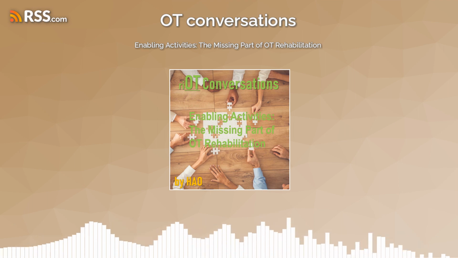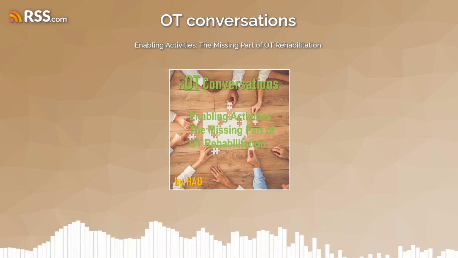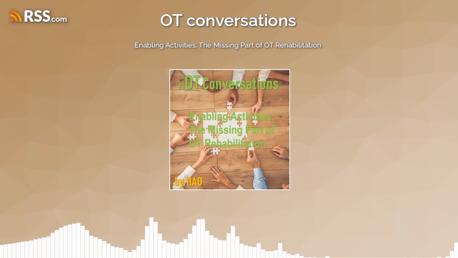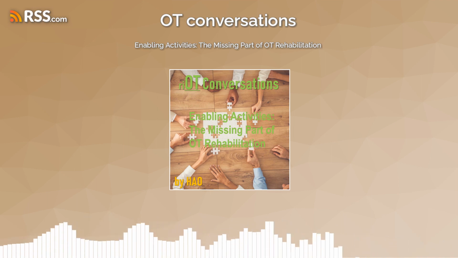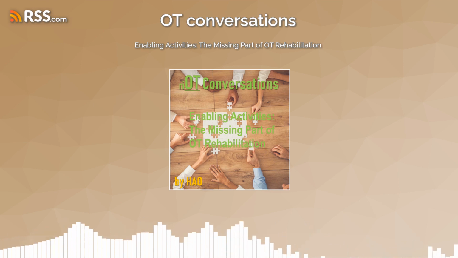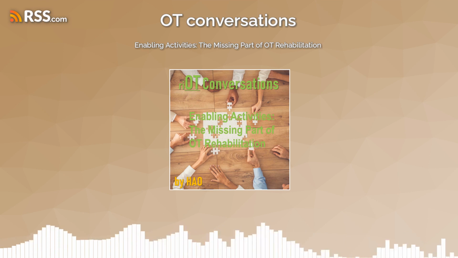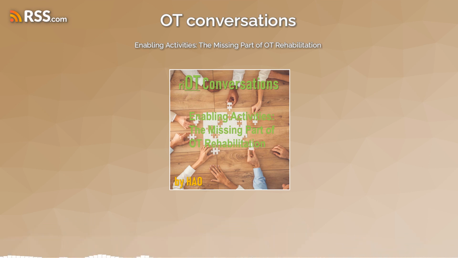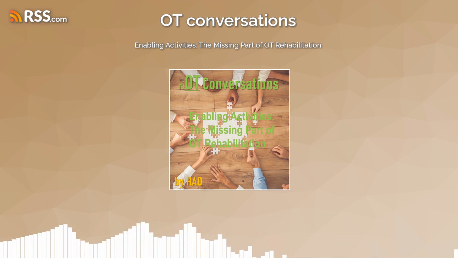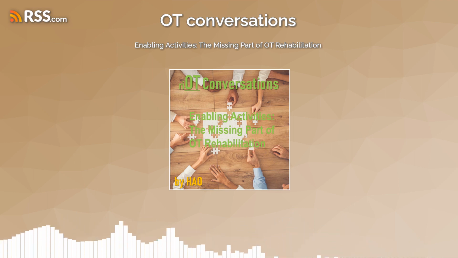In this episode, I'd like to talk to you about enabling activities. Now, enabling activities is a process. It is the second stage in terms of rehabilitation, and it is coming from the frame of reference called the occupational performance frame of reference, which was conceptualized in the 70s when occupational therapy joined in to follow the biomedical model.